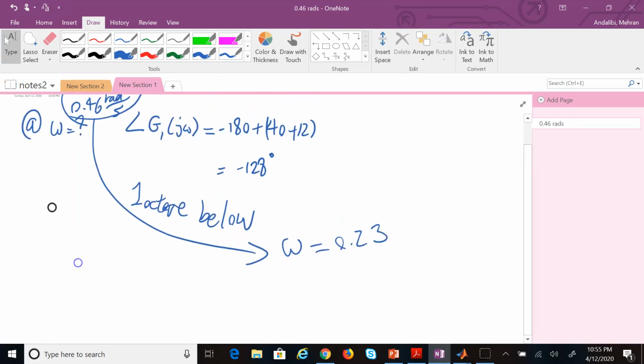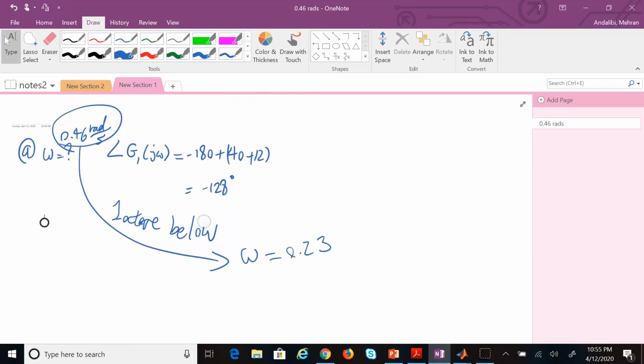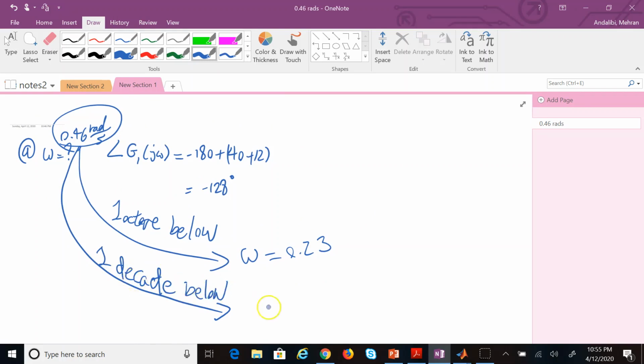If I want to go 1 decade below, what does it mean? It means go to 10 times smaller. 1 decade above means go to 10 times bigger. So that is going to be 0.046. So it should be somewhere in this range, below this number or below that number.